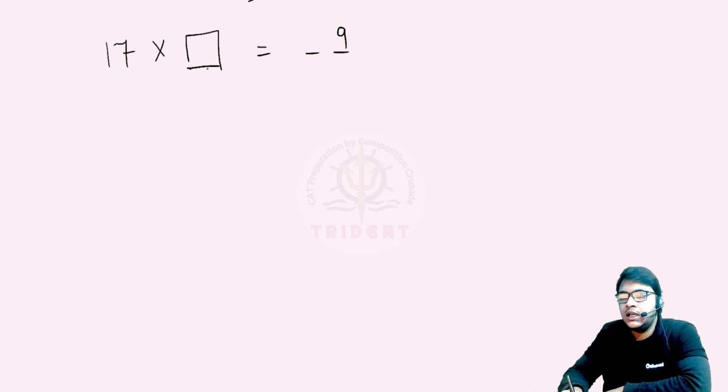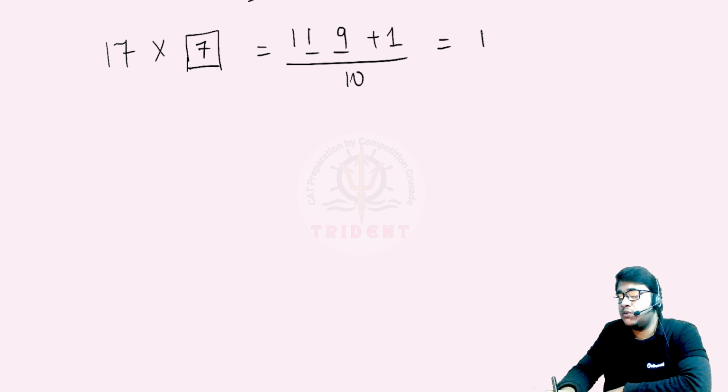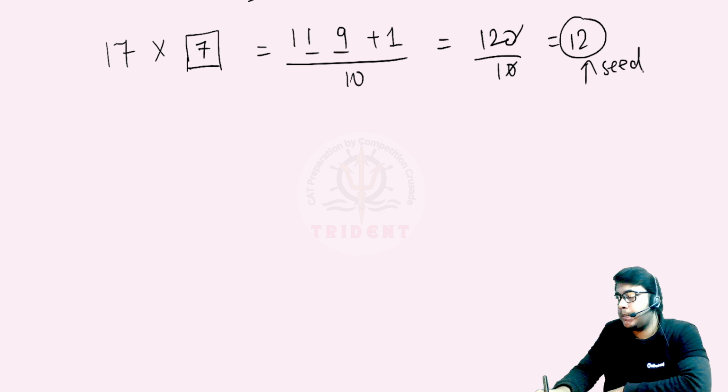Now if you pay attention, 17 sevens are 119. So it's not a 2-digit number, but I don't care. The algorithm remains the same. I add 1 to it, I divide by 10. This becomes 120, divided by 10 gives me a seed of 12. So this is my seed. Okay, made sense?